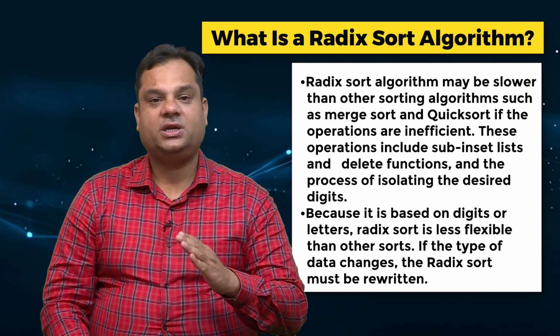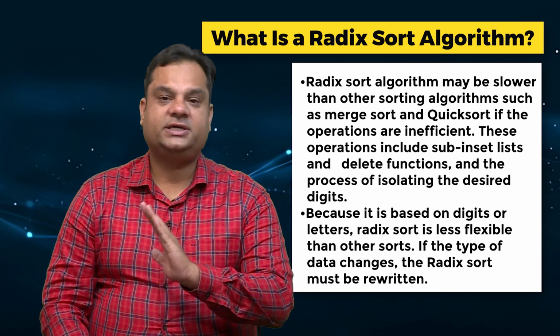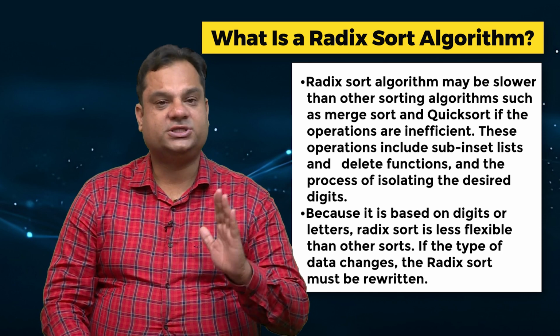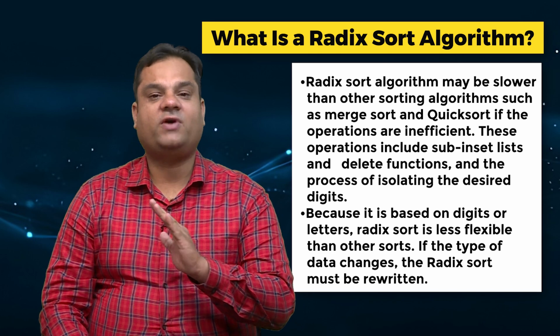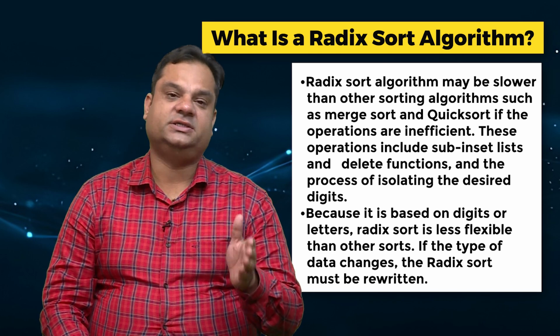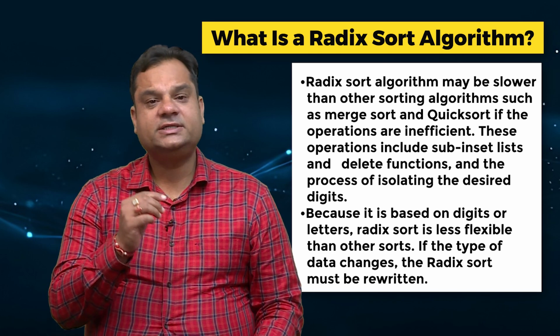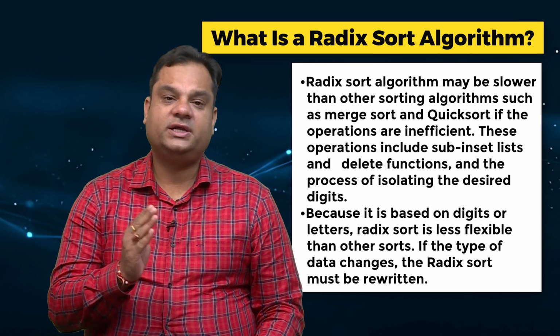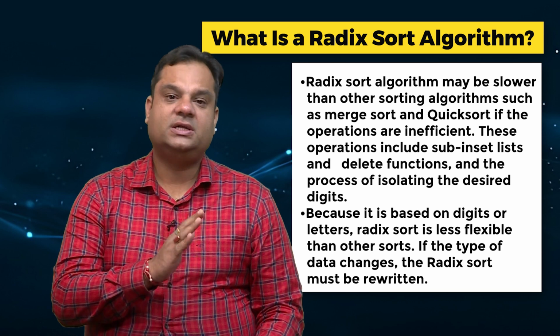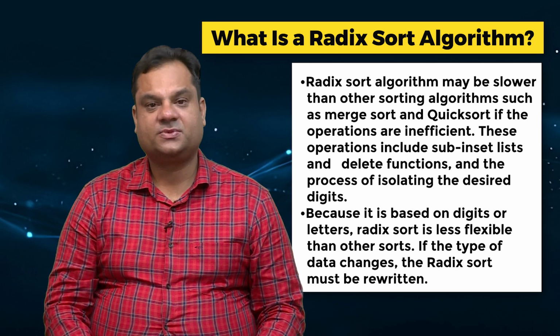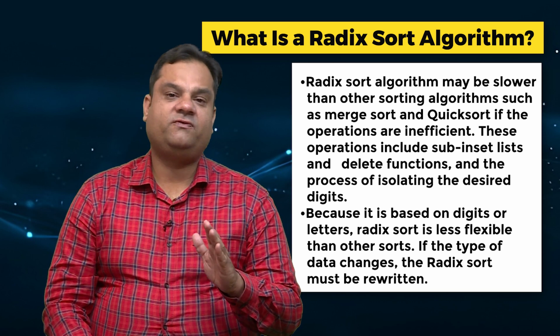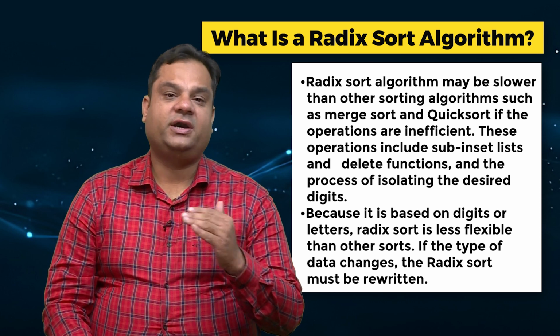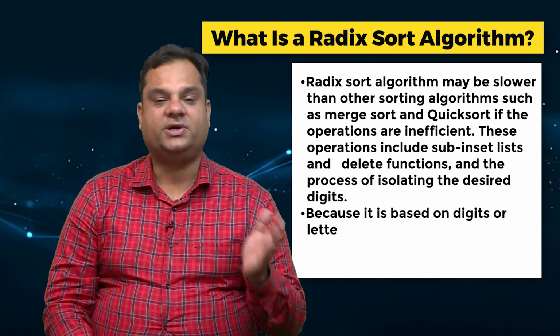These operations include sub, insert, list and delete functions and the process of isolating the desired digits. Because it is based on digits or letters, Radix sort is less flexible than other sorting techniques. If the type of data changes, the Radix sort must be rewritten.